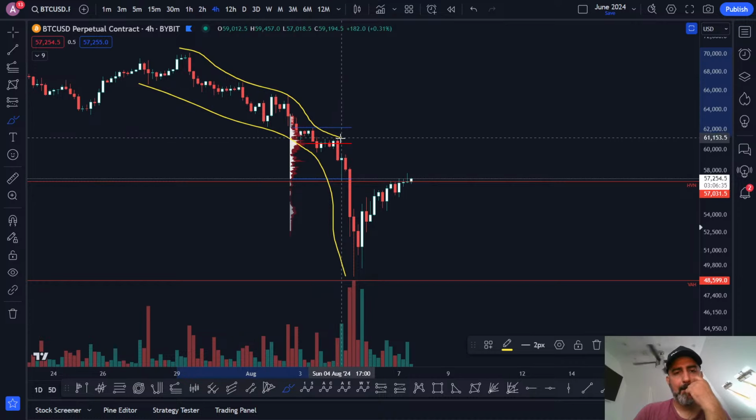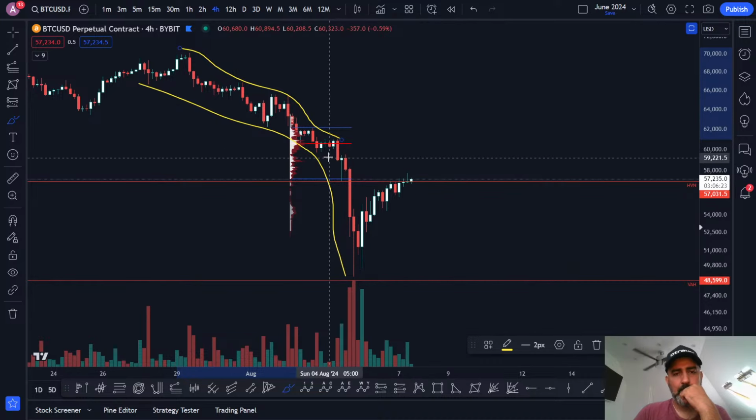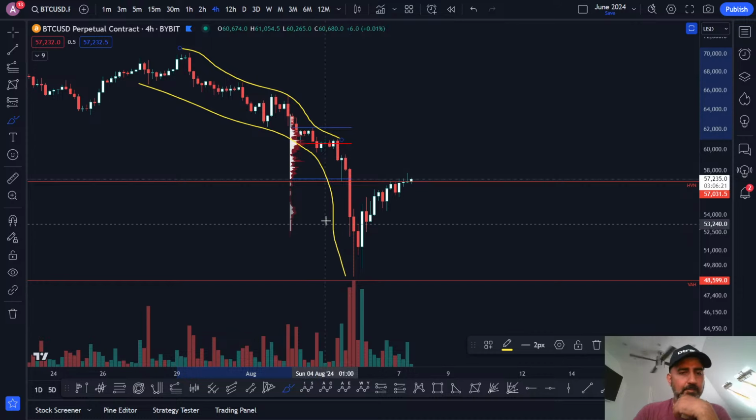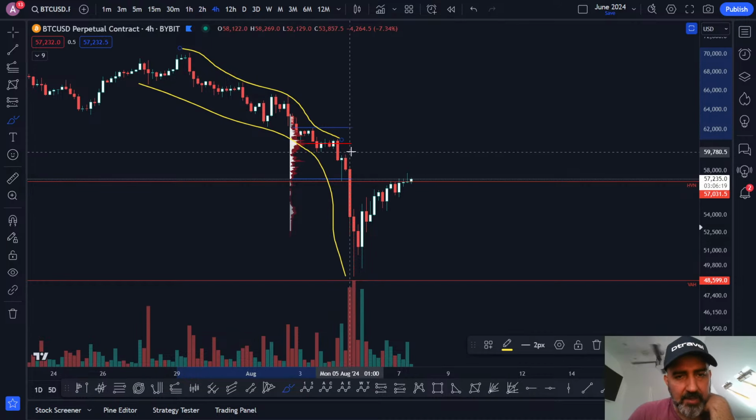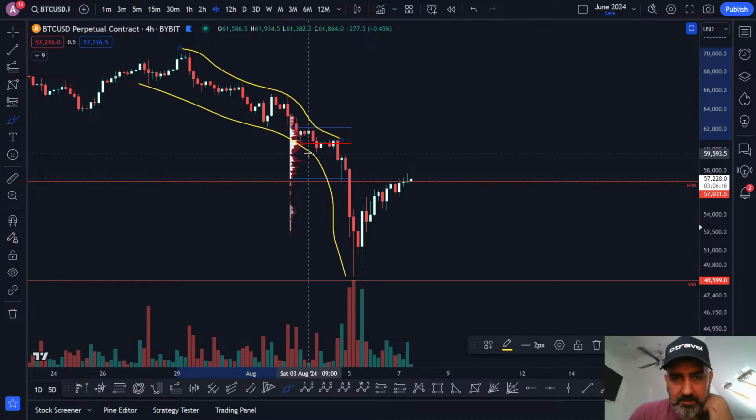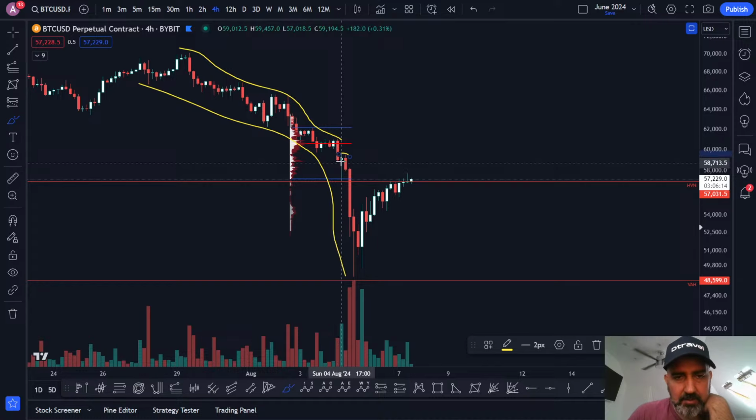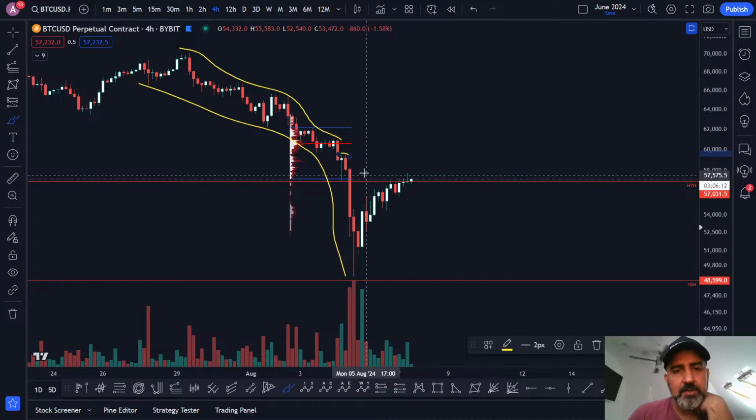See that? Not sure exactly where the lower high would be here. Could it be this one here? Could be, because you made a lower low, then a lower high. Yeah, so it could be here.